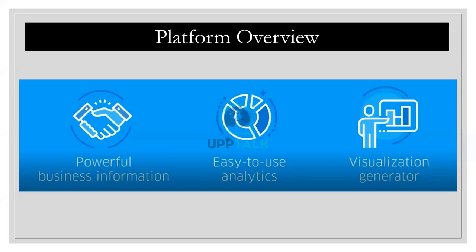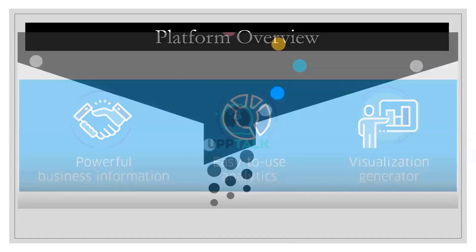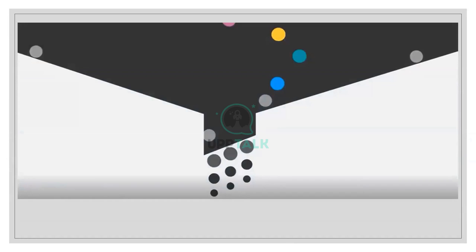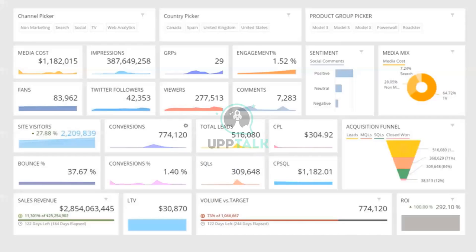Like we have a visualization generator which keeps suggesting the widgets you can use and the advanced parts of the business. That's basically the three parts. What it does is it helps you put all your data in one place and helps you create the widgets.